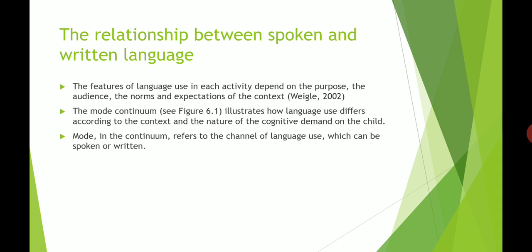To know the difference between spoken and written language, we can see the theory of the mode continuum, which illustrates how language use differs according to the context and the nature of the cognitive demands on the child. The mode itself in the continuum refers to the channel of language use, which can be spoken or written.